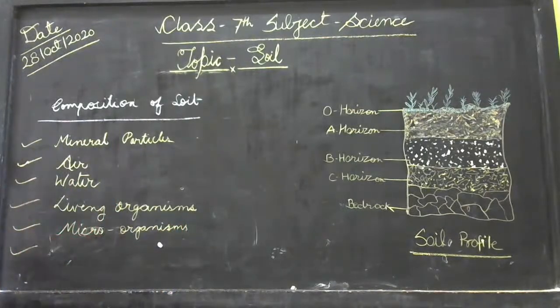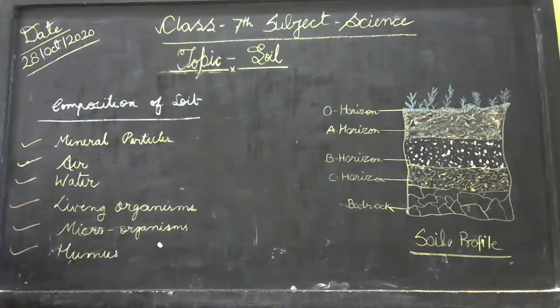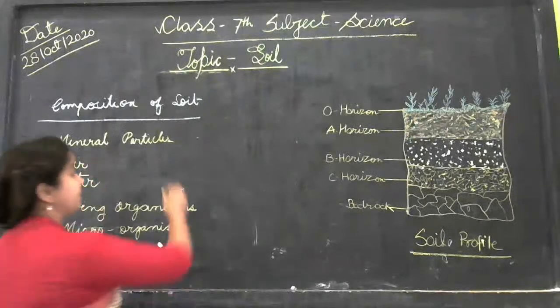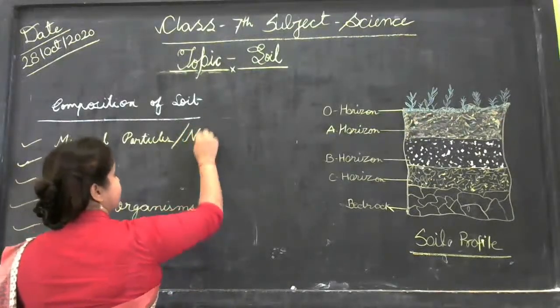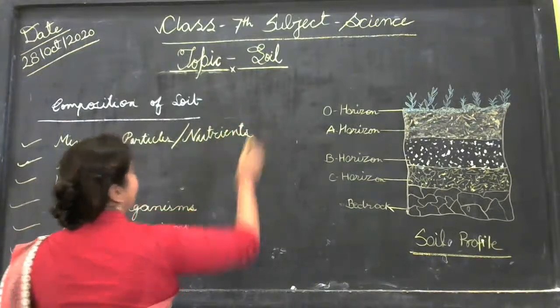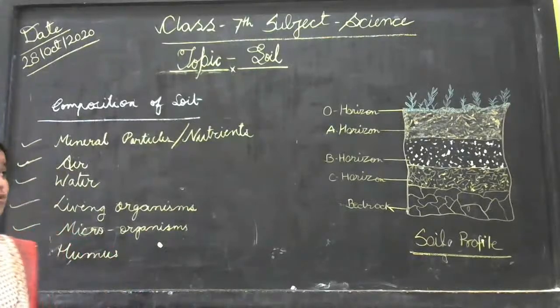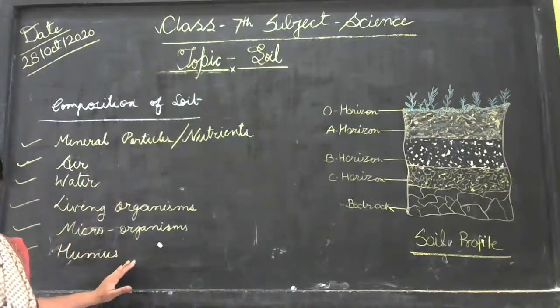At the end, we can include that soil consists of humus also. And here mineral particles can be included with nutrients. Okay, sorry, not nutritions, that is nutrients. Clear? So these are the things which are present in our soil.